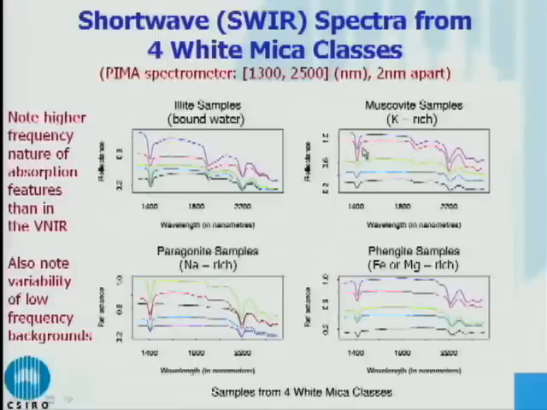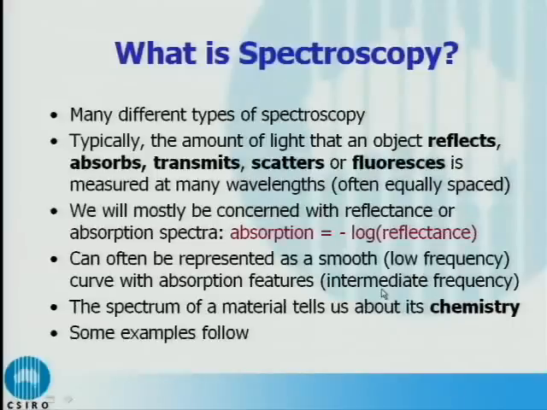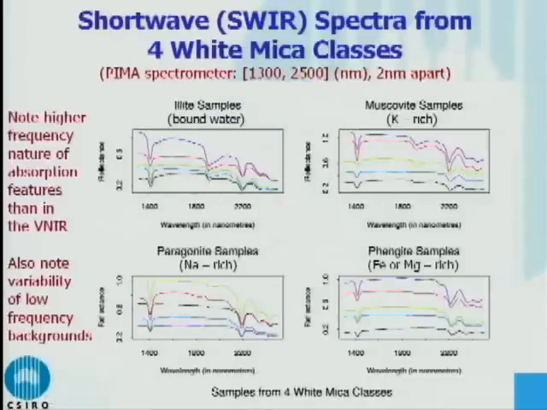And then more recently, we subdivided muscovite into muscovite, paragonite, and phengite, as my geological colleagues understood the differences. Basically, with muscovite, the feature's around 2200, okay? With paragonite, it's around 2190, and with phengite, it's around 2220.